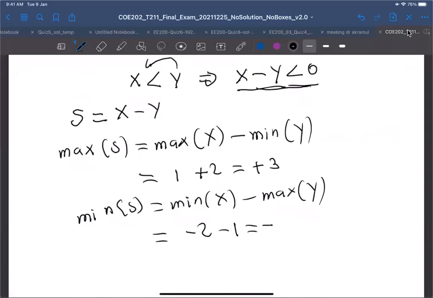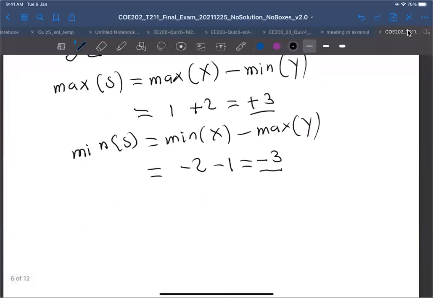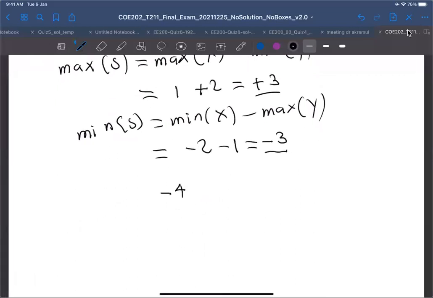So that is -3. So we need our S to range from -3 to +3, which is covered by the range -4 to +3, which requires 3 bits. So S needs to be 3-bit to avoid overflow, of course.